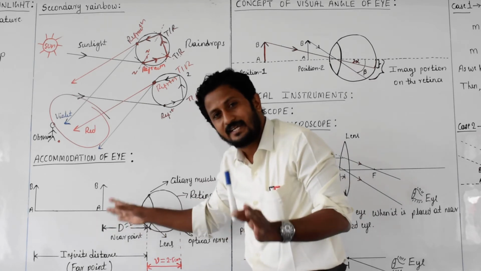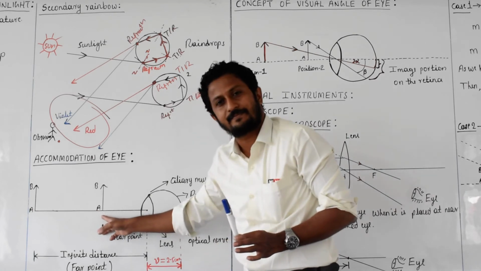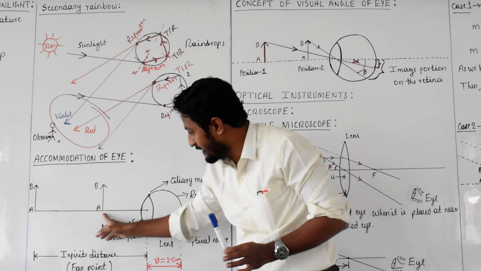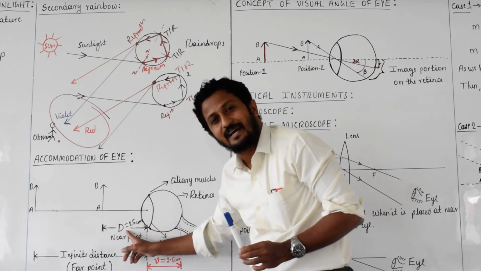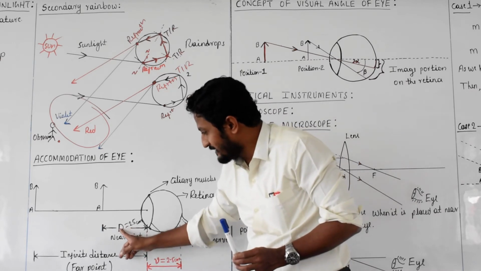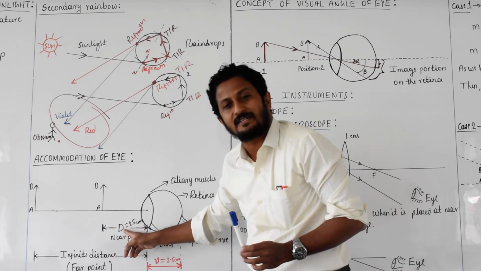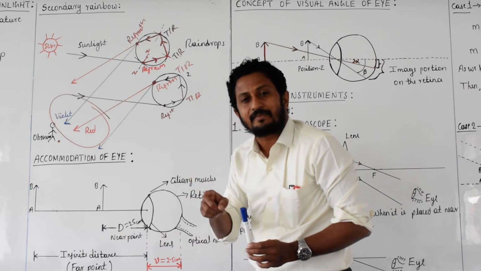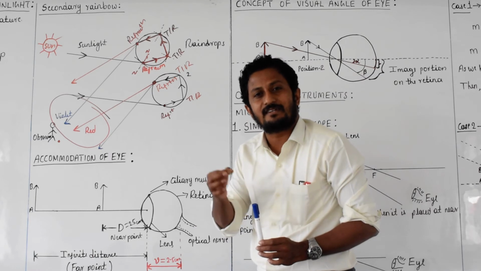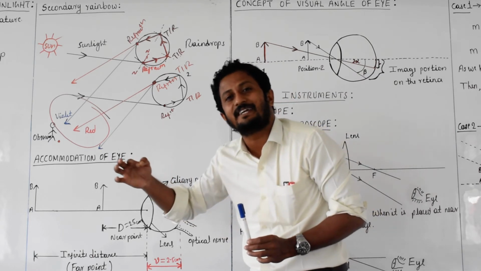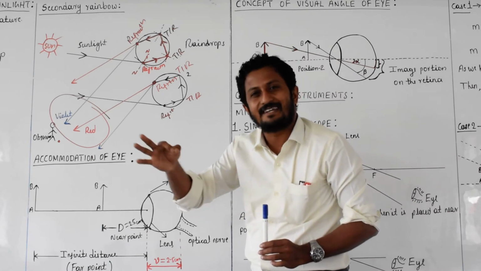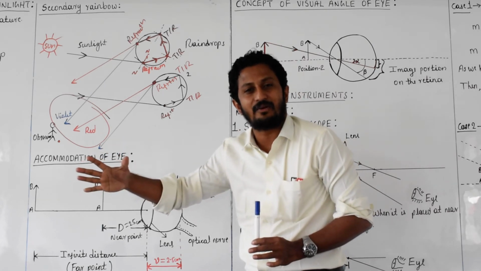If the object is between these 2 points, between infinity and that point, which I mentioned with the symbol D, that near point we represent with the capital D. We even call this near point the least distance of distinct vision. Getting what I mean to say?